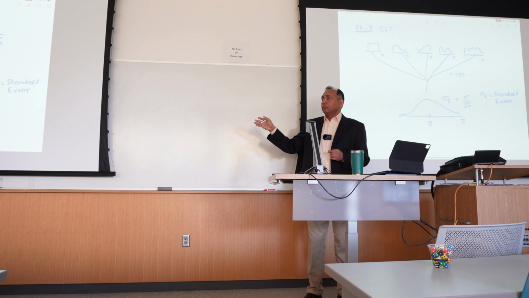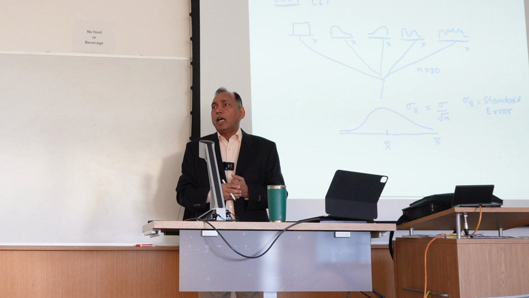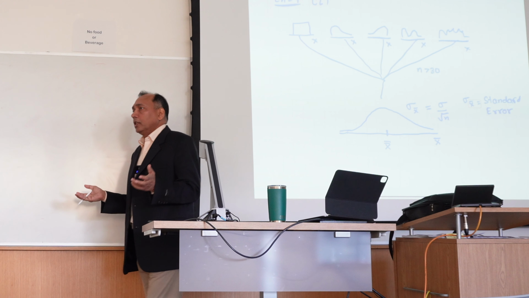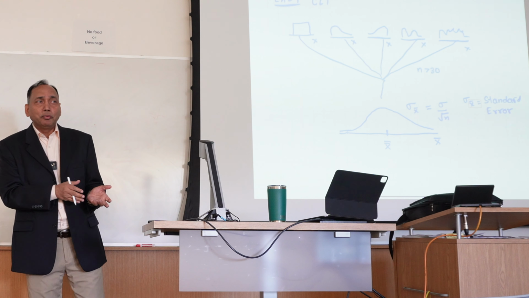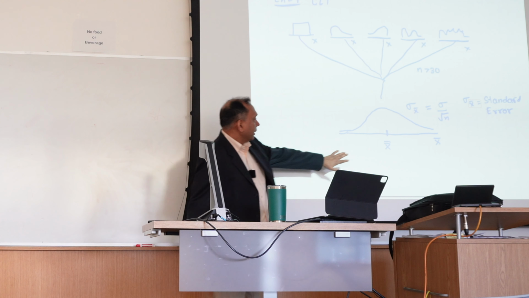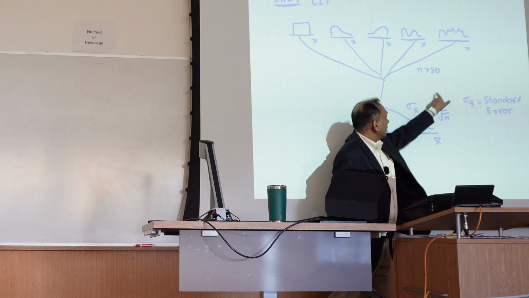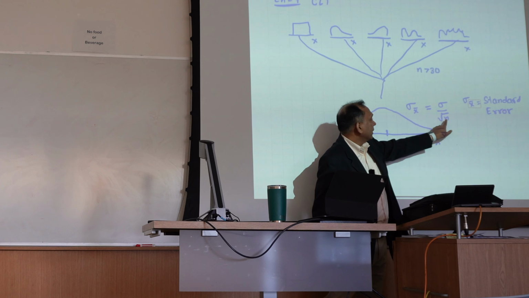So this is central limit theorem, but once you have the normal distribution, then whatever you did in the last chapter, everything remains same. Any calculation that you want to make, any probability that you want to find, you'll be finding with this mean, and not sigma, but sigma divided by square root of n.